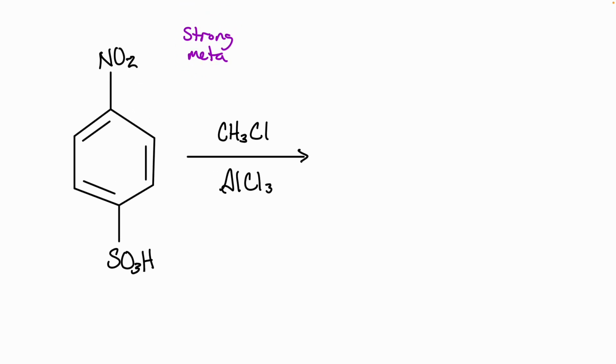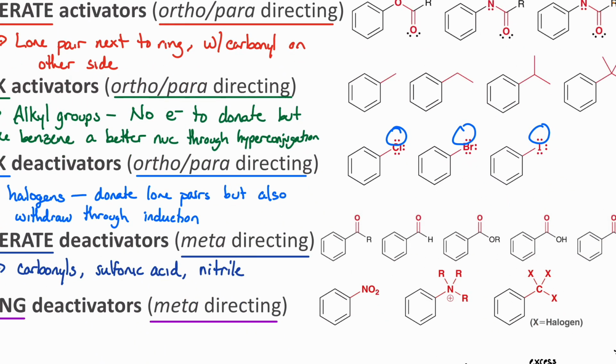So that means that that nitro group wants to direct that incoming substituent to these positions that are meta to that nitro group. All right, what about our sulfonic acid group here? Going back to our cheat sheet.